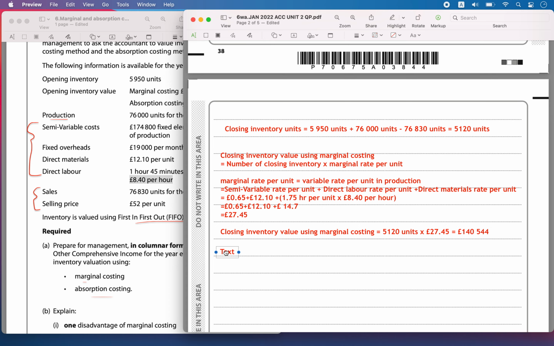Next, let's calculate the closing inventory value using absorption costing.